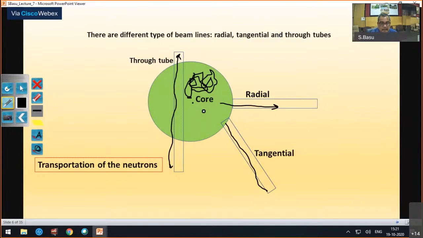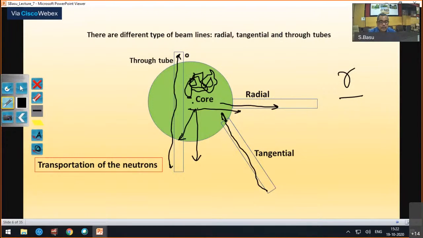But not so for the gamma rays. Once they are born in a fission or in the decay of a fission product, they start moving radially outward. So if I have a beam line which is not looking at the core but at a slight angle, then I can avoid lots of these gamma rays. So a tangential beam line allows me to reduce the gamma background in the reactor.